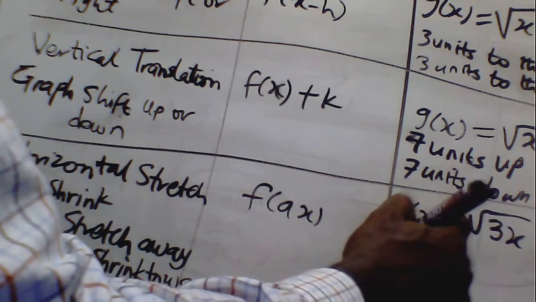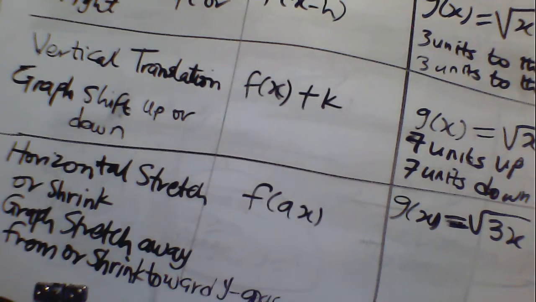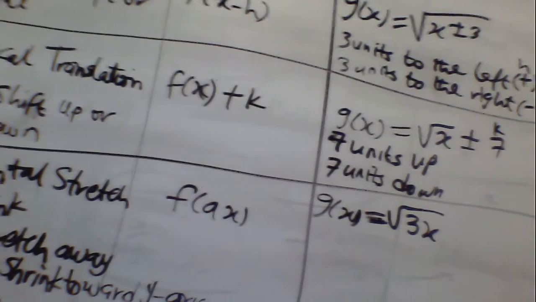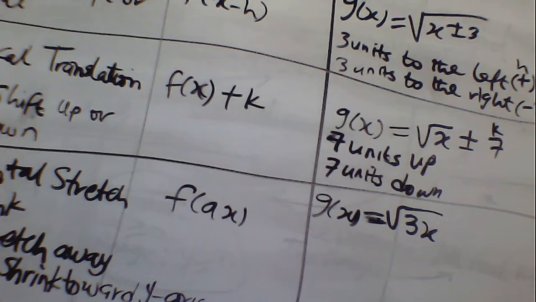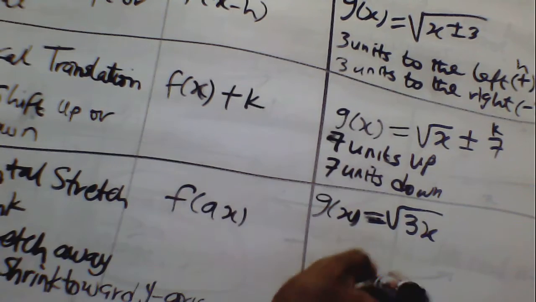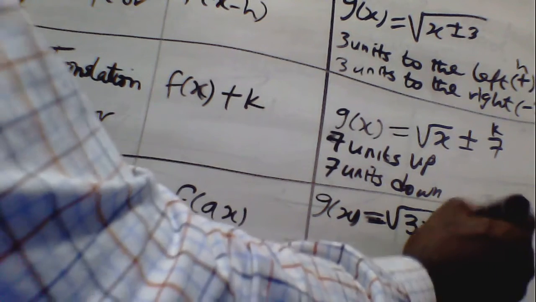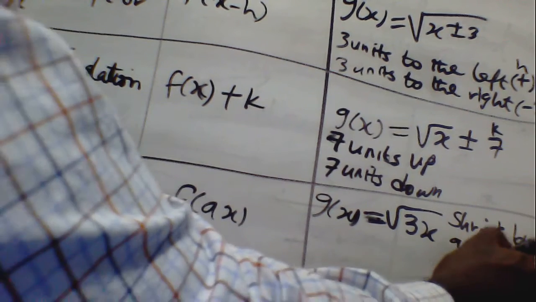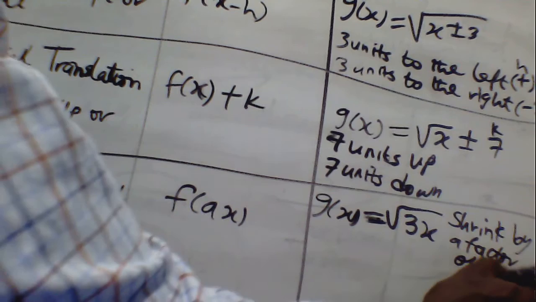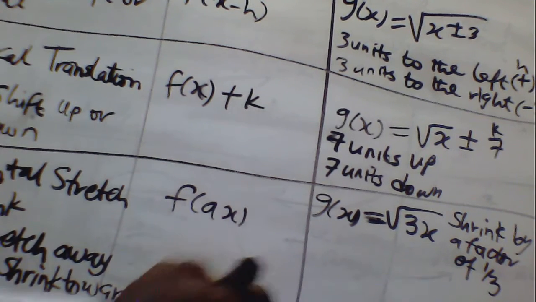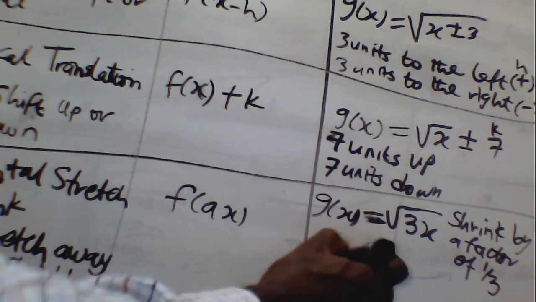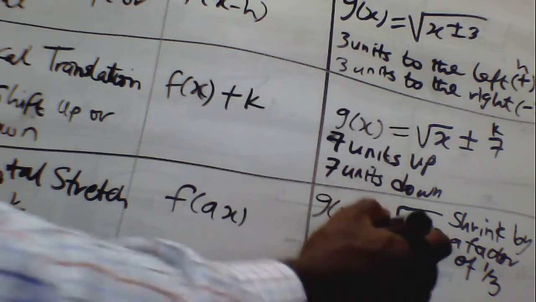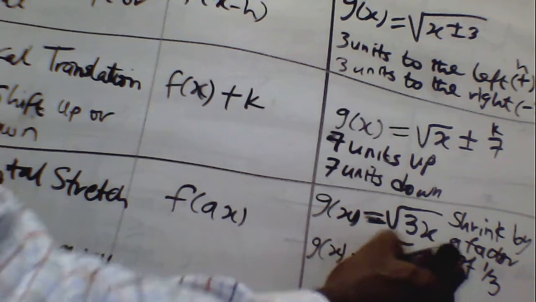You cannot translate, stretch or shrink without applying the reciprocal rule when it is horizontal. Shrink by a factor of what? This will shrink by a factor of 1 over 3. So you have another one, g of x is equal to the square root of x over 3.